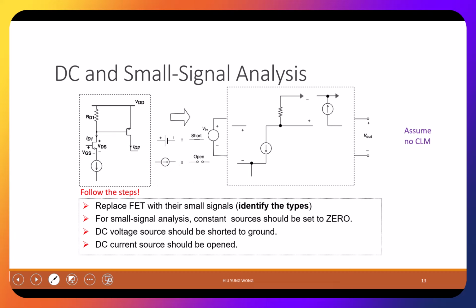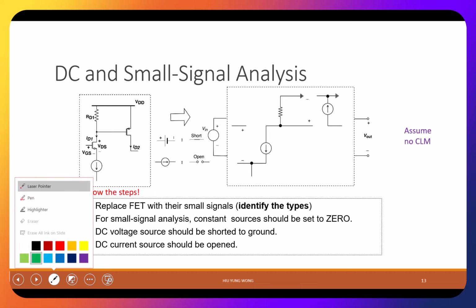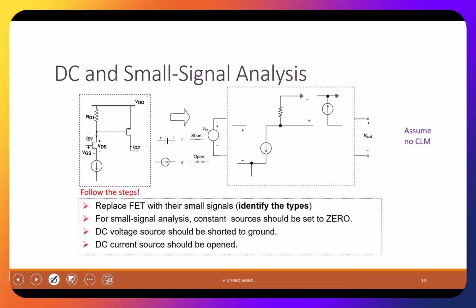Right? So based on this, you see clearly from here to here, VDD, it becomes this too. Grounded. Okay? They're grounded. How about this one? Open. I don't need to worry about this. It's open because it's a constant current.